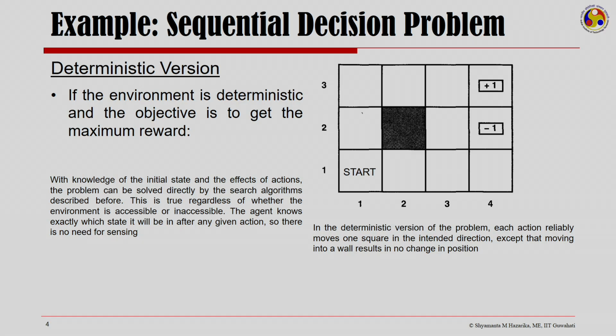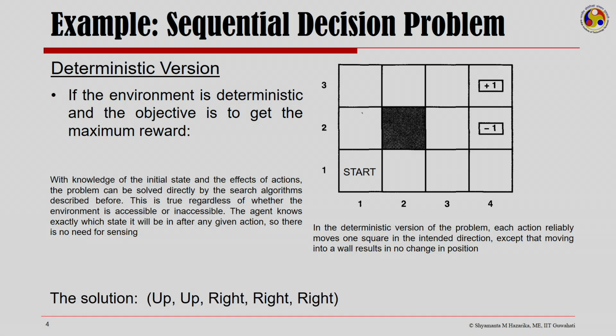In a deterministic version, if I know the initial state and the effects of my actions, then this problem can be directly solved by the search algorithms that we have described before in this course. This is true regardless of whether the environment is accessible or inaccessible.